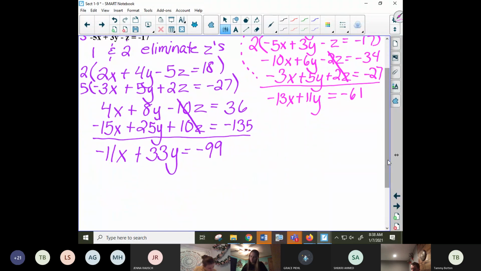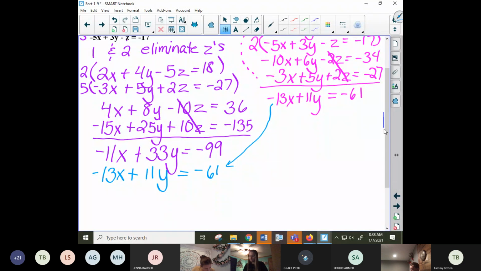Okay, so now I have two equations with two variables. So let's go and write them underneath one another. So I'm going to just bring this one down here. So negative 13x plus 11y equals negative 61.